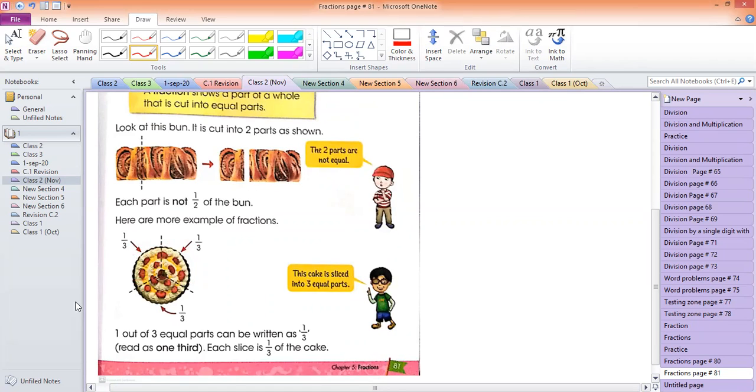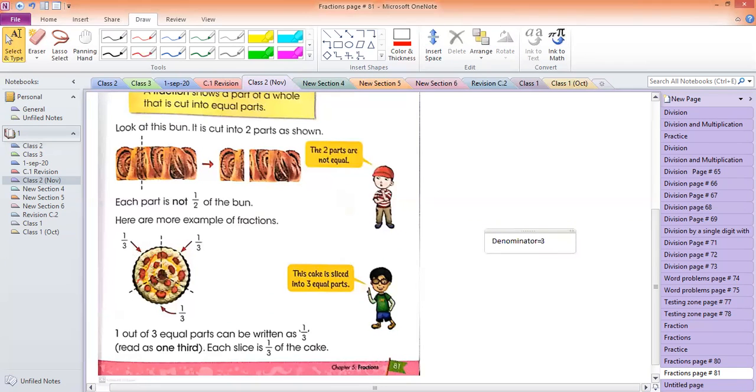So if I ask you to write the fraction for this part, how will you write a fraction? I already taught you. You will see how many total equal parts there are. It is 1, 2, and 3. So its denominator is 3.